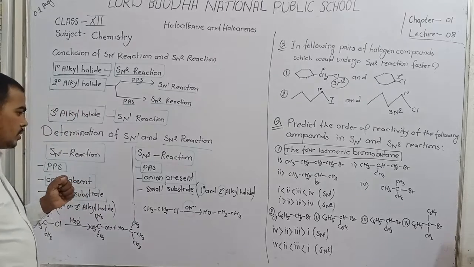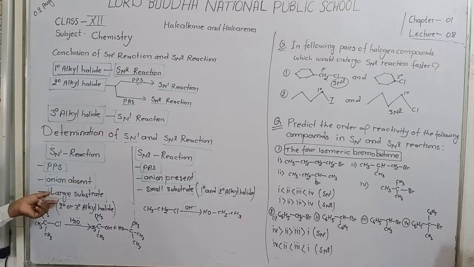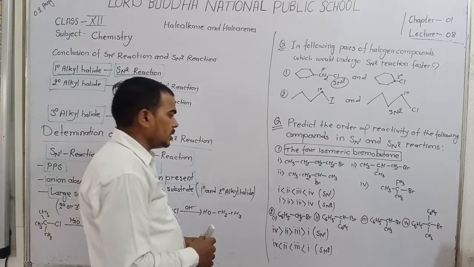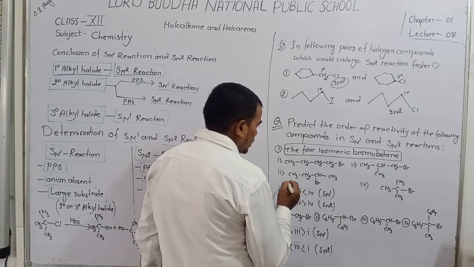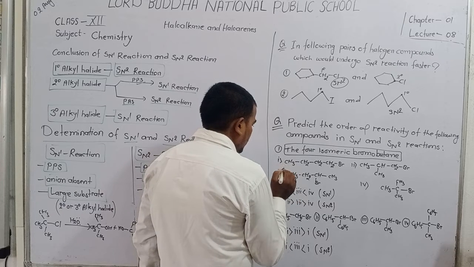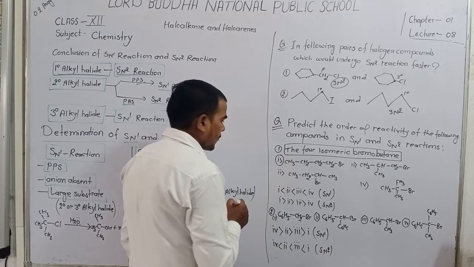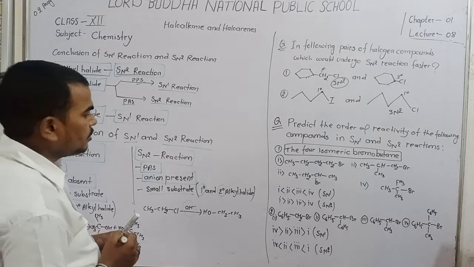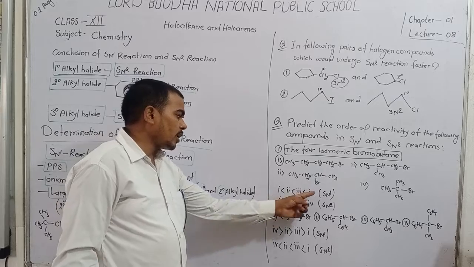Dear student, you know that in SN1 reaction, the most favorable is 2 degree or 3 degree alkyl halide, and so we observe here the first alkyl halide gives the slow reaction for SN1.